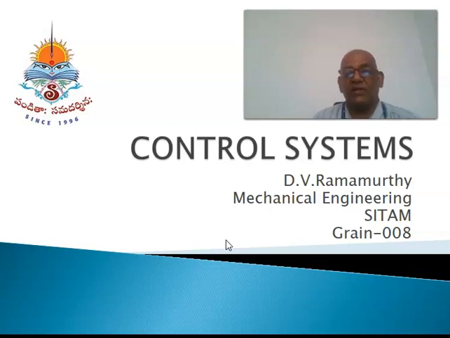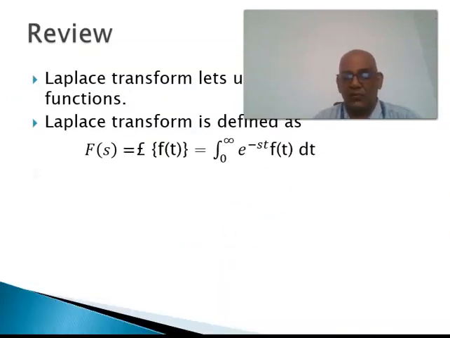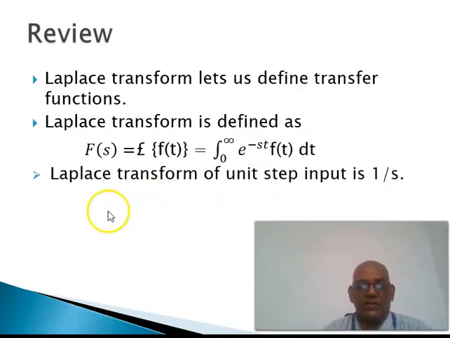Basically, it all involves integration between the limits 0 to infinity. Over the past video or so, we have derived the Laplace transform of a unit step input by using this formula.